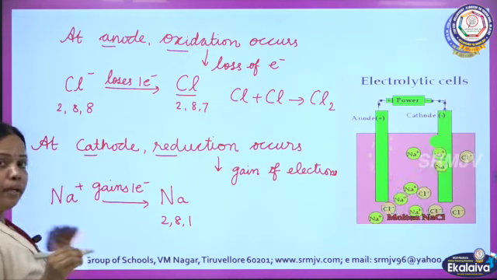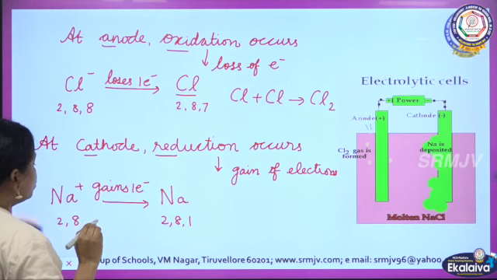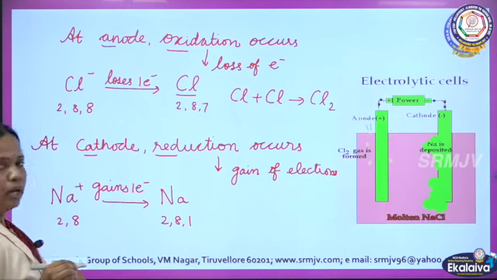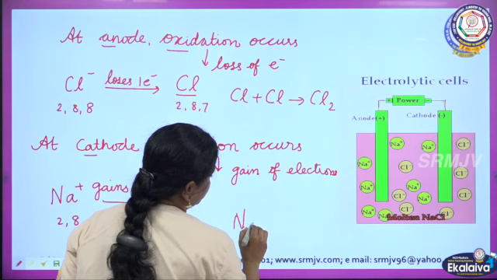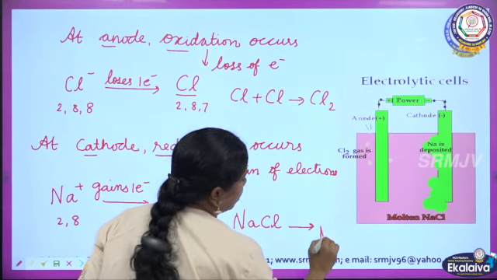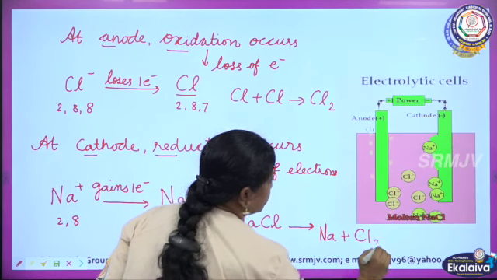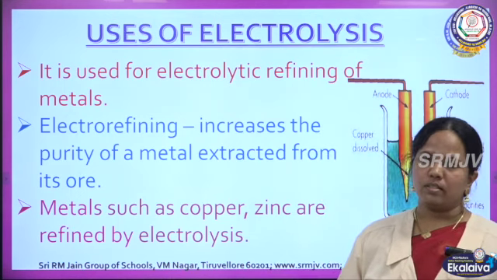Whereas for the sodium ion, its electronic configuration is 2, 8. So, to become an atom, the sodium ion gains one electron. So, sodium chloride on electrolysis gives Na plus Cl2.